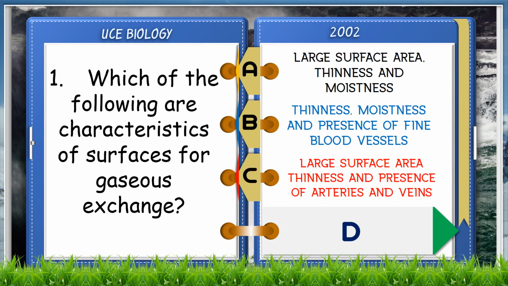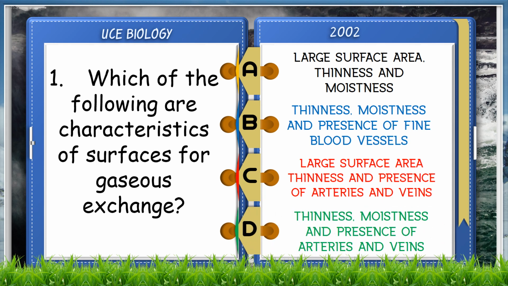C. Large surface area, thinness, and presence of arteries and veins. D. Thinness, moistness, and presence of arteries and veins. The answer is A. Large surface area, thinness, and moistness.